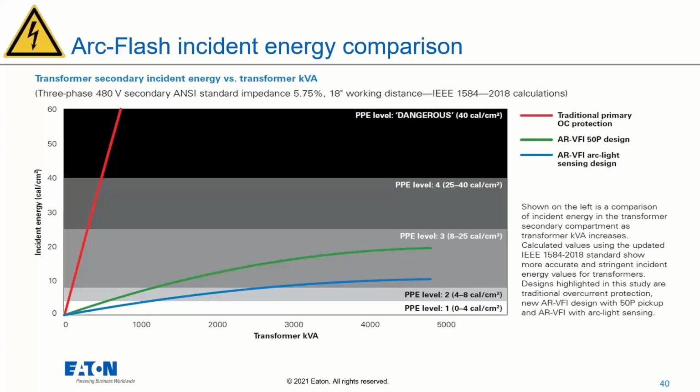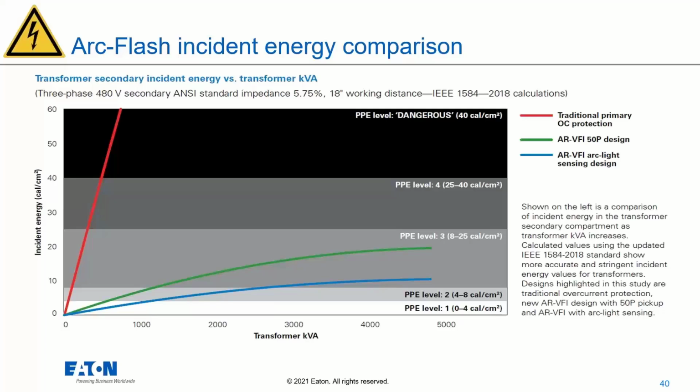But for both, you're still in that level 3 zone for 5 MVA and above. And you can be in level 2 for just the green line for just over 1000 kVA.